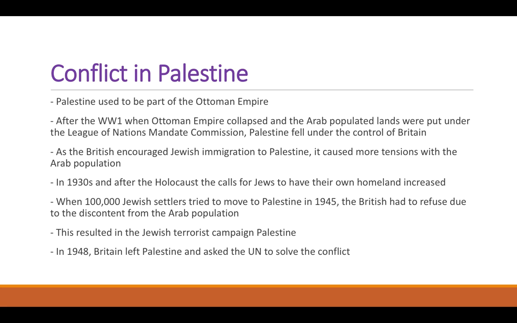When 100,000 Jewish settlers tried to move to Palestine in 1945, after the Holocaust, when people wanted to find a safe haven to start from scratch again, the British had to refuse due to discontent from the Arabic population. After the First World War, Palestine was mostly populated by the Arabic population, and less by the original local Jewish population.